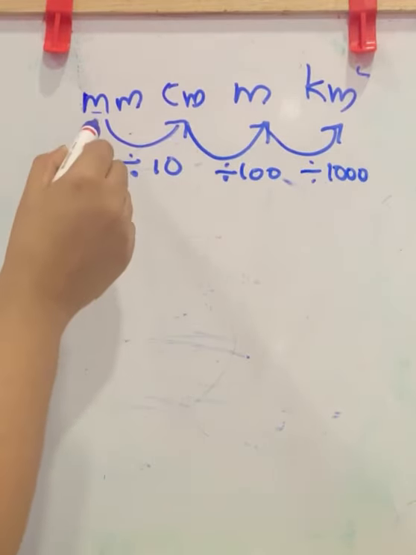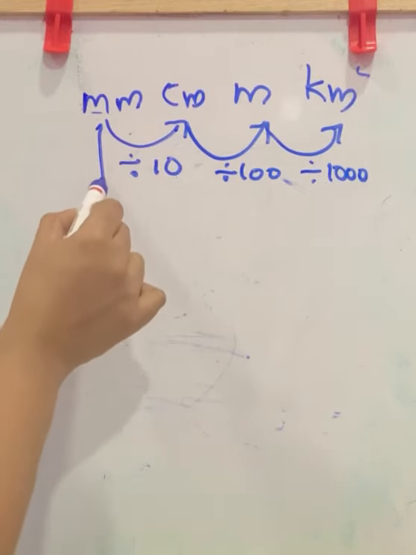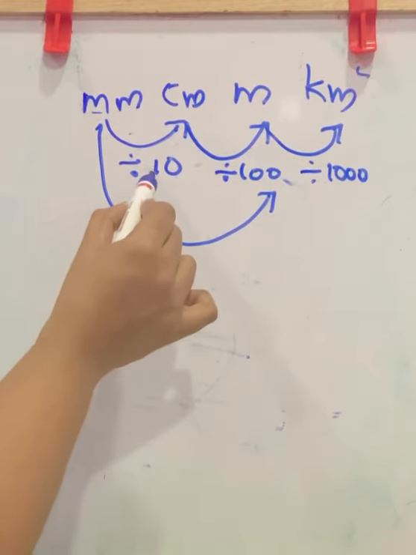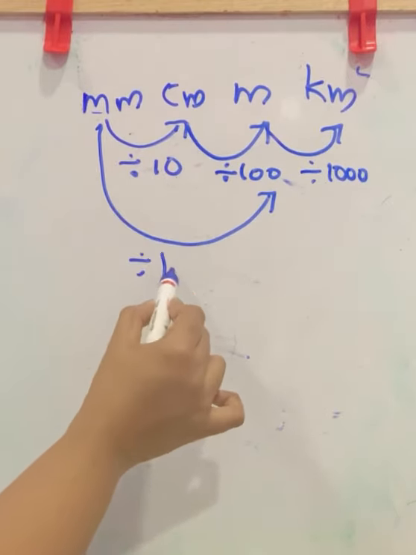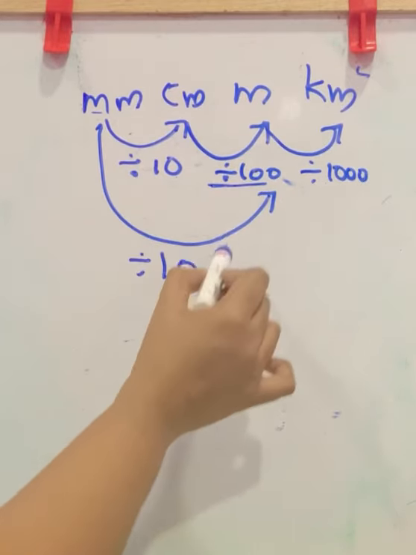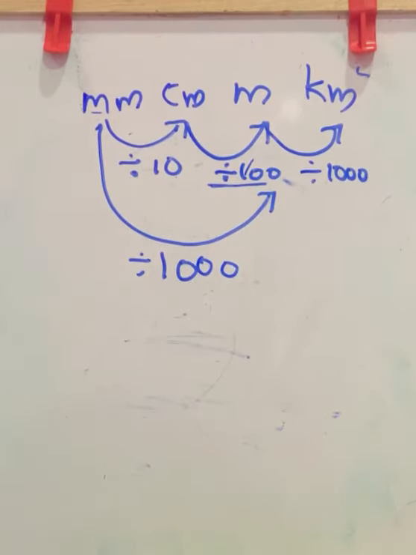Now look, converting millimeter to centimeter is division by 10. If you want to convert millimeter to meter, in this 10 we have 1 zero, and in between there is a division of 100 in the chart. So add these 2 zeros with this. So division by 1000.